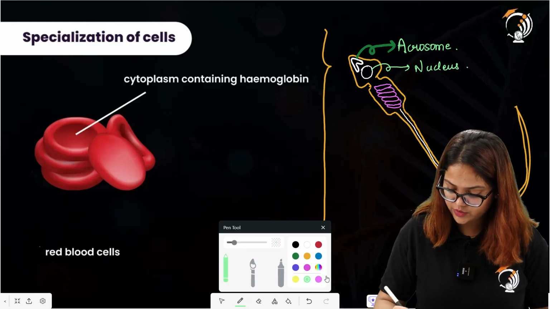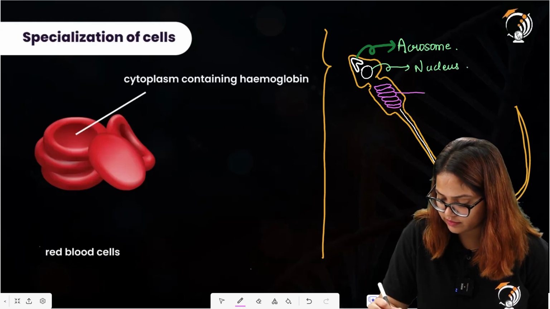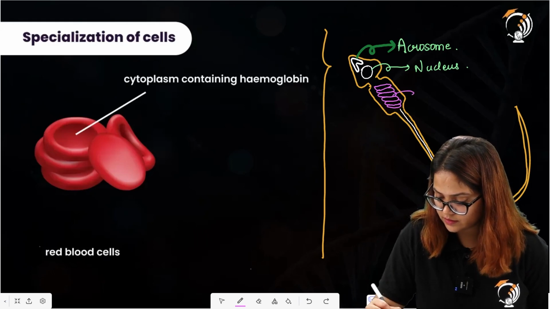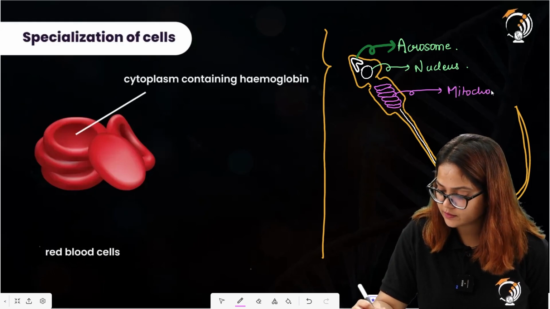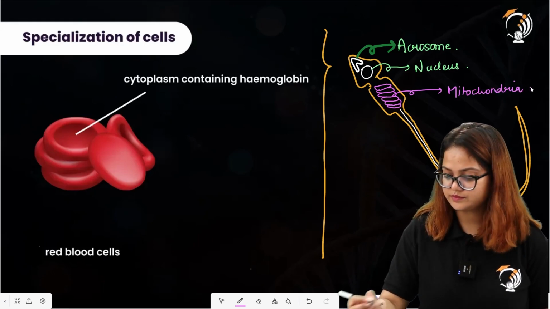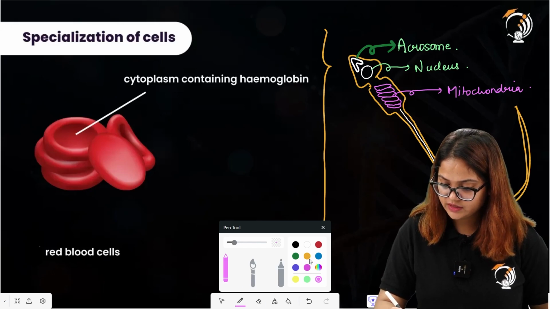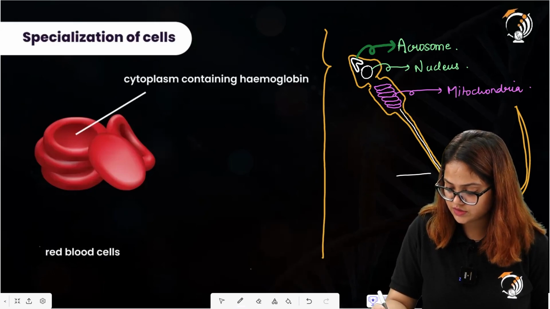We have the mitochondria here. We have the tail present in this region.